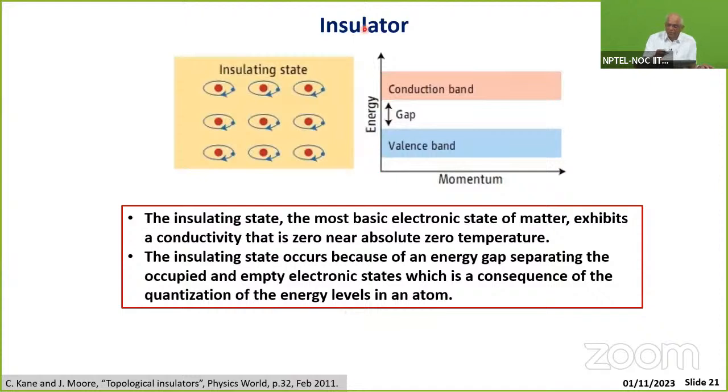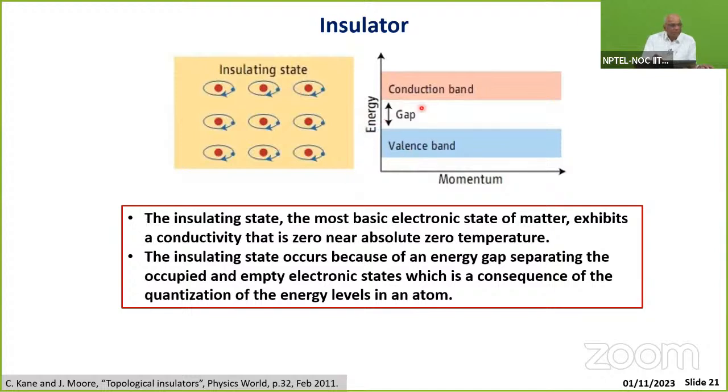You all know what an insulator is. Suppose you take an insulating material and look at it, these red dots are, say, electrons. If you apply a magnetic field, then each electron undergoes a cyclotron orbit.